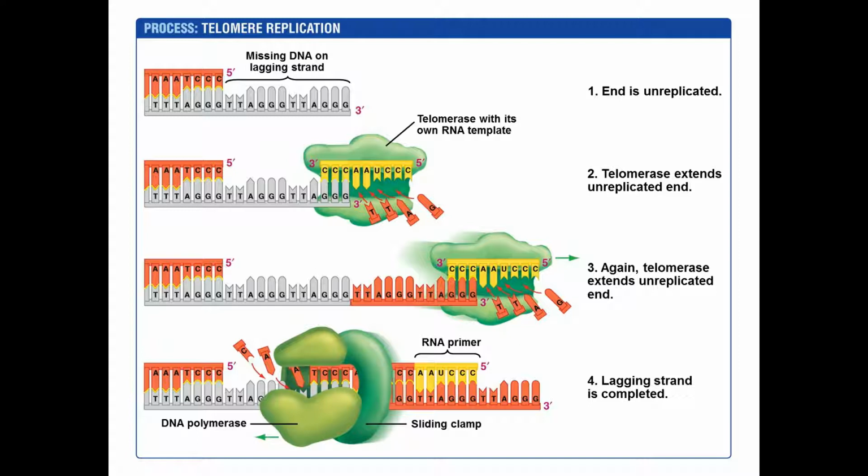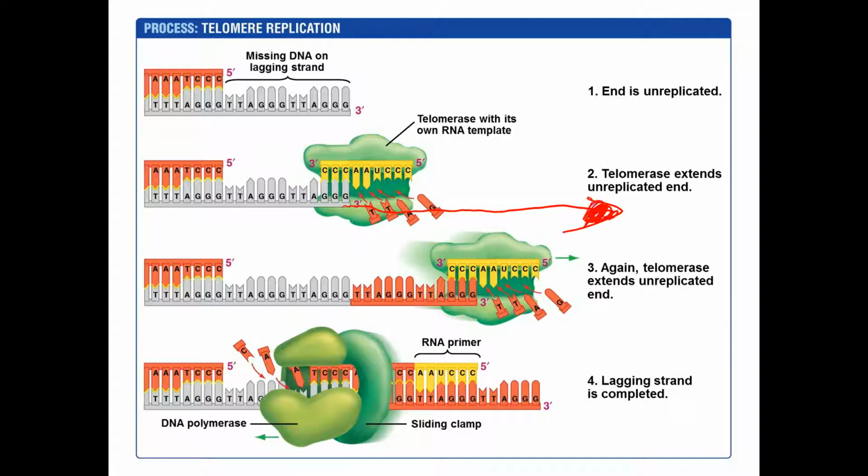Looking at how this section at the end of the chromosome is replicated: looking at the lagging end and this missing segment of replicated DNA, your telomerase enzyme comes in and lays down a template of nucleotides. As they're being laid down, the pre-existing DNA of the lagging strand is going to be elongated.